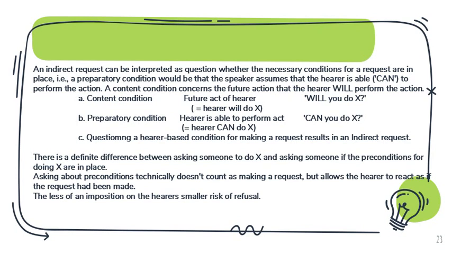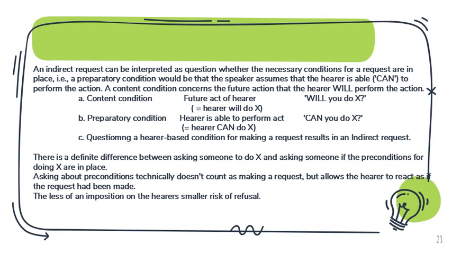We can treat an indirect request as being a matter of asking whether the necessary conditions for a request are in place. A preparatory condition is that the speaker assumes that the hearer is able to perform the action. A content condition concerns the future action that the hearer will perform.